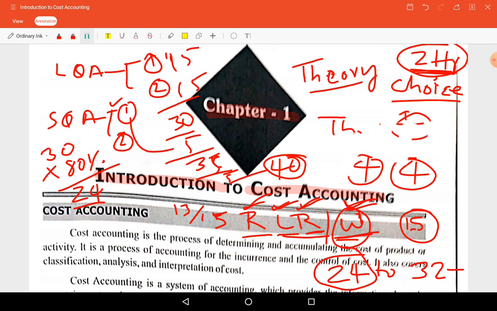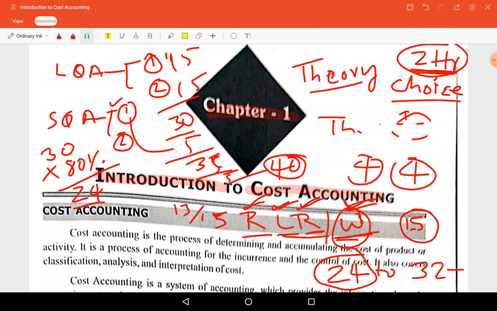Because the definition of this chapter is already discussed, and we have already started one question called cost accounting objectives, and another question relating to classification of cost.